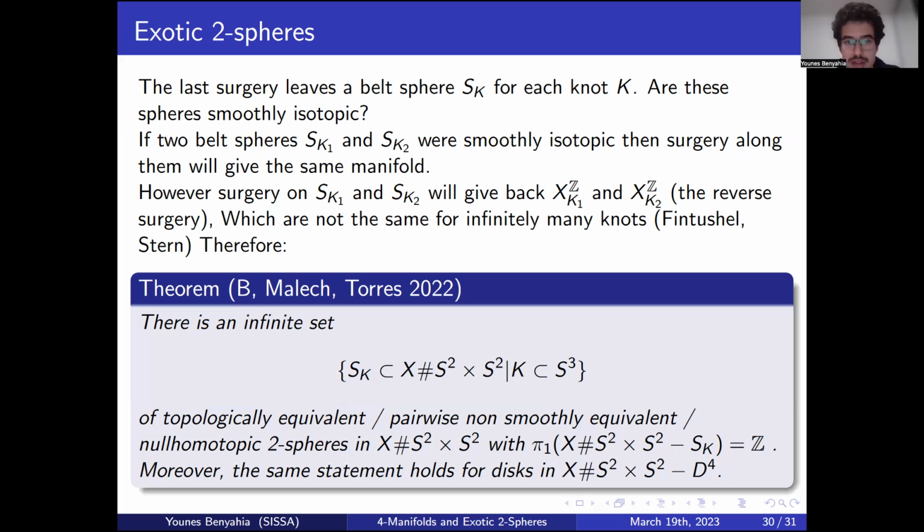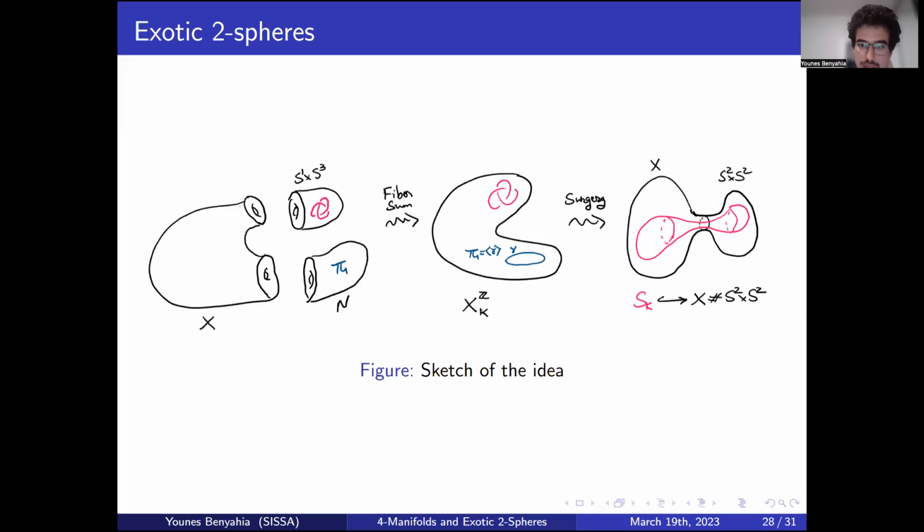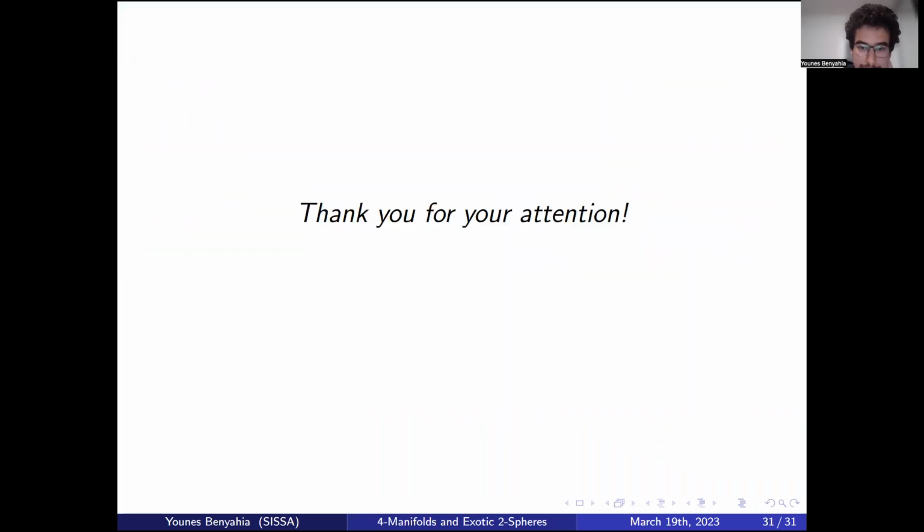In general, these spheres are belt spheres of surgery on exotic manifolds, so they have the memory of that exoticness, and this makes them exotic spheres themselves. They are topologically equivalent, but not smoothly equivalent. And these are these spheres here in this manifold. And that's it. Thank you for your attention.